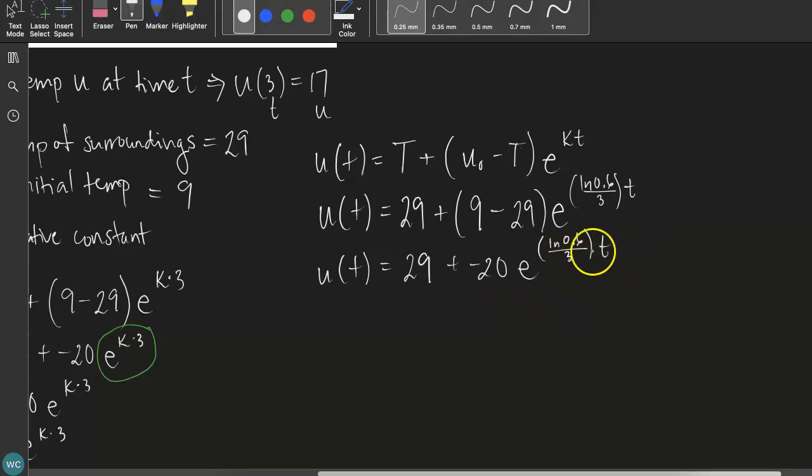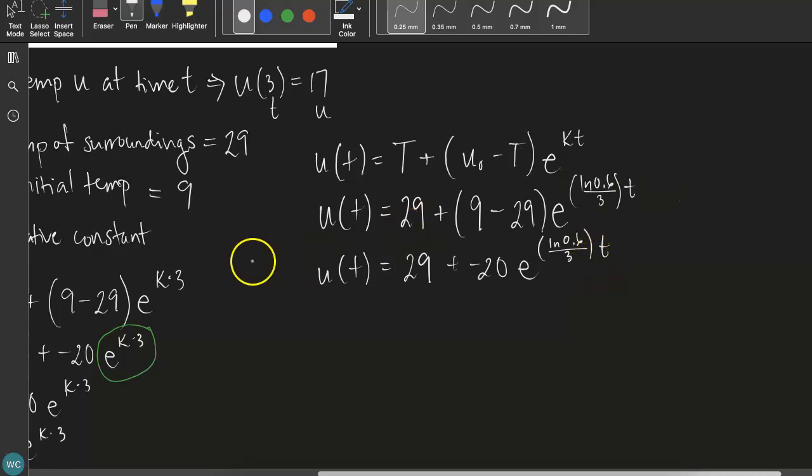I could come into the calculator and get a decimal approximation, but if you choose to do that, just make sure that you're writing down several digits, more than just 2 or 3 digits here, into that decimal. I would probably write down every single one just to maintain as much accuracy as possible.